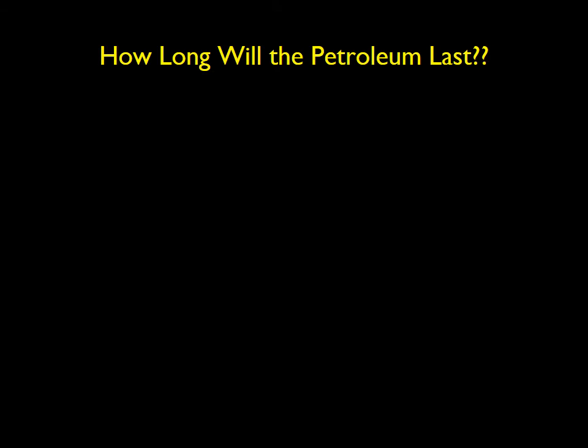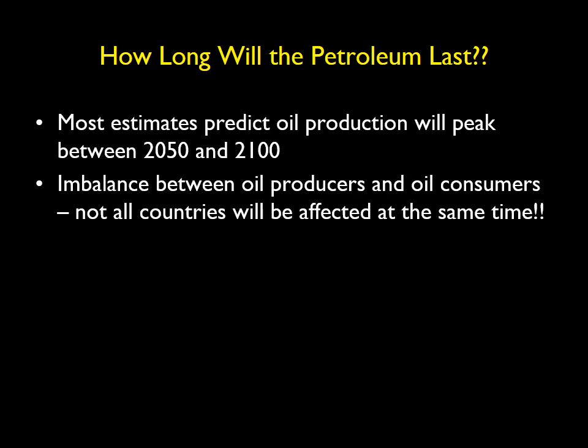So we can ask the question as well, how long will the petroleum last, just like we did for the coal? Most estimates predict that oil production is going to peak sometime in the middle of this century. But the thing you've got to keep in mind is that there's this imbalance between the oil producers and the oil consumers. They're not the same countries, as we've seen now, right?